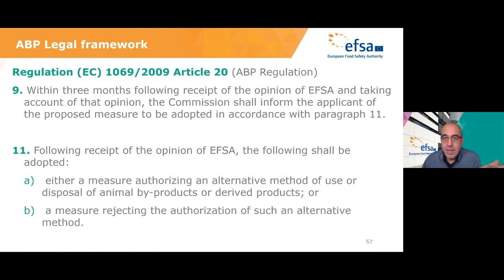Every single parameter will be published in the public domain in the legislation, and the method can be applied by any interested party, not only the applicant, because it will be an approved method by the European Union.